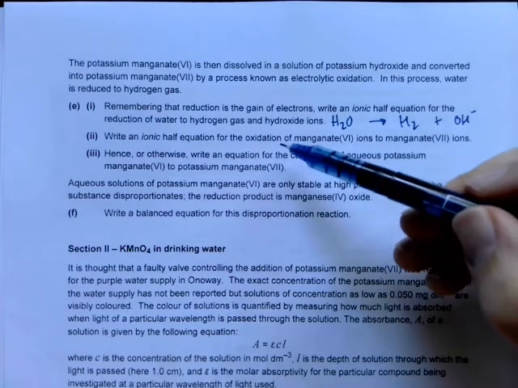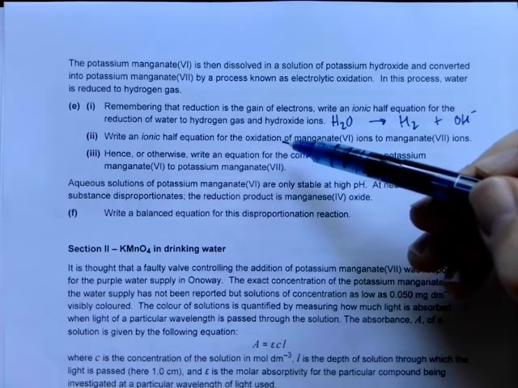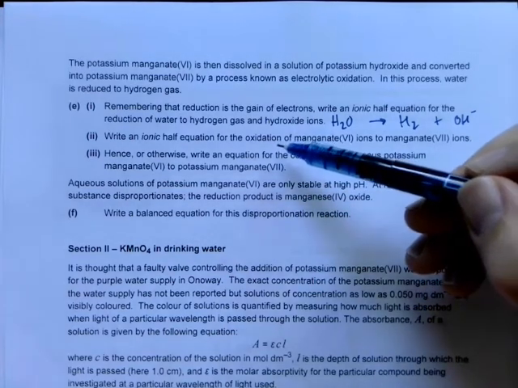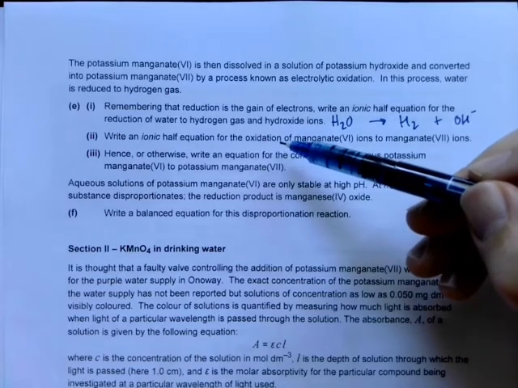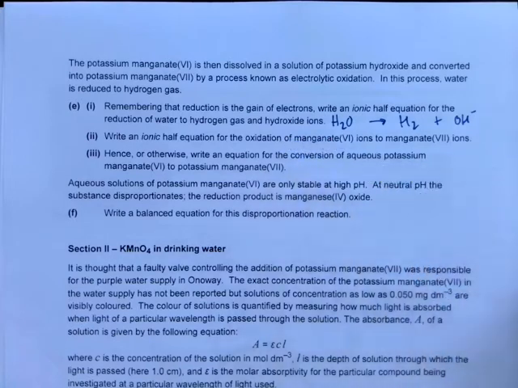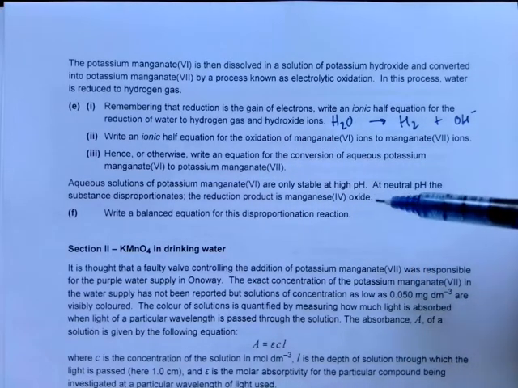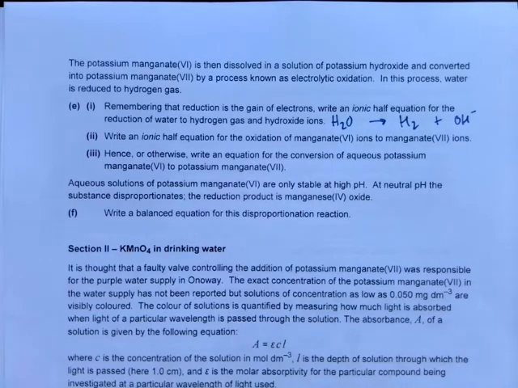Now remember that oxidation is the loss of electrons, so that should give you a clue. The formula of the manganese ion doesn't necessarily need to change. It could just be that the charge changes.